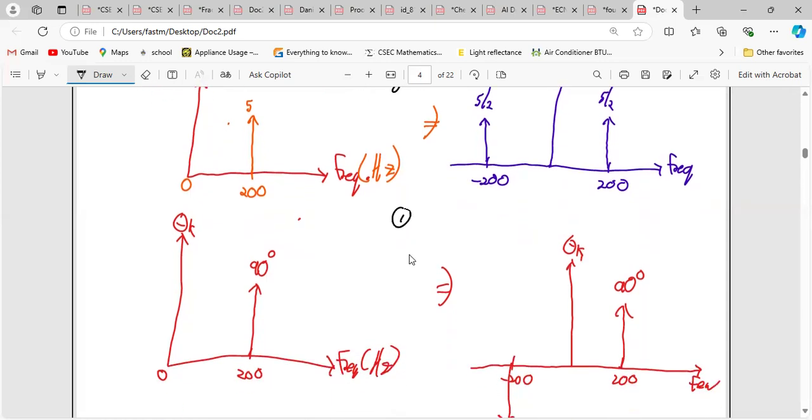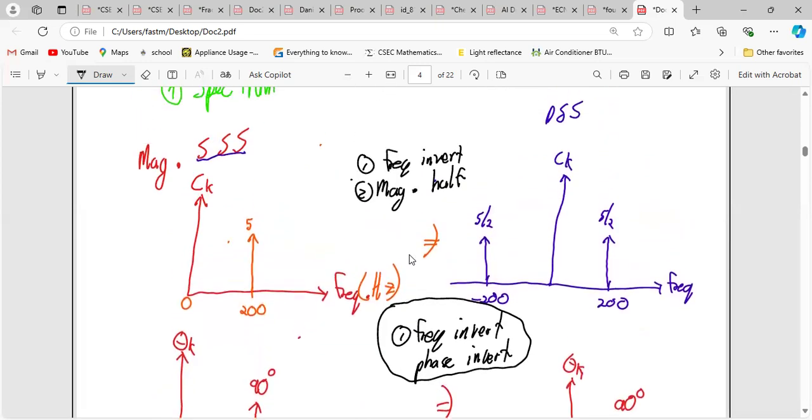And for the phases, obviously the frequency still mirrors, but the phases also invert. That's basically the quick-fire way to go from the single-sided straight to the double-sided. You have to start with the single-sided. You've got to remember that.